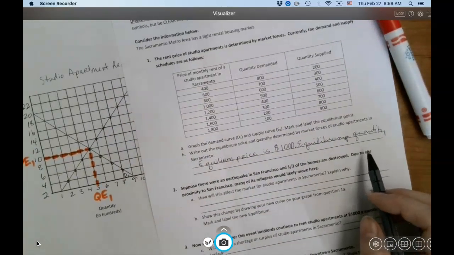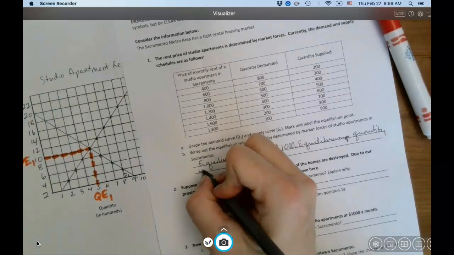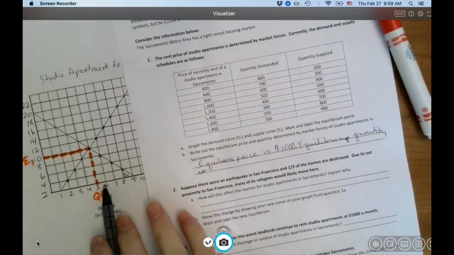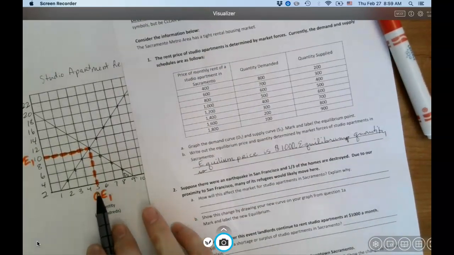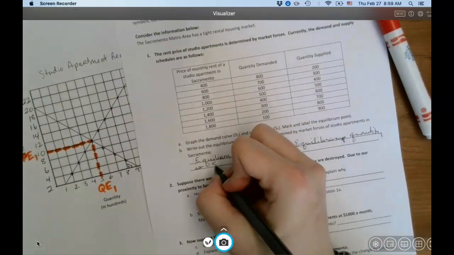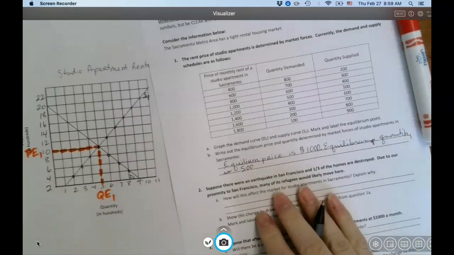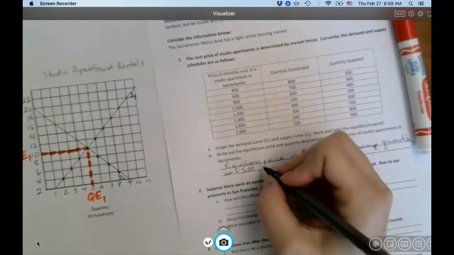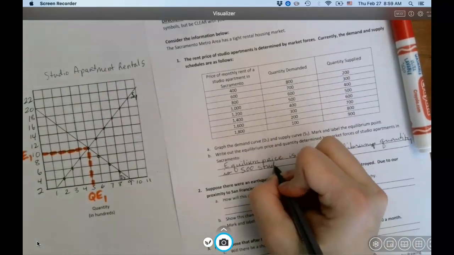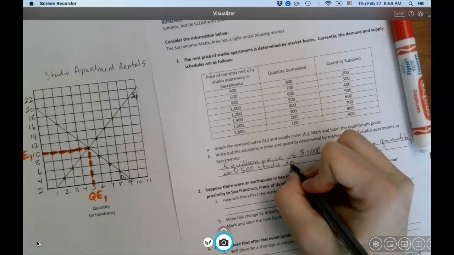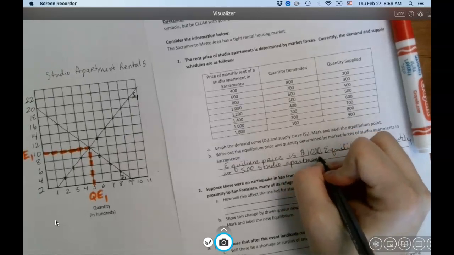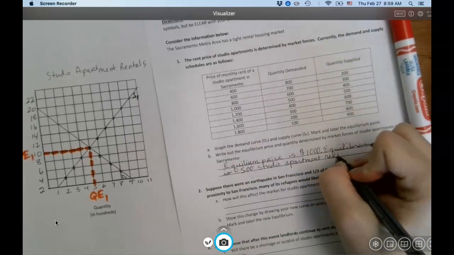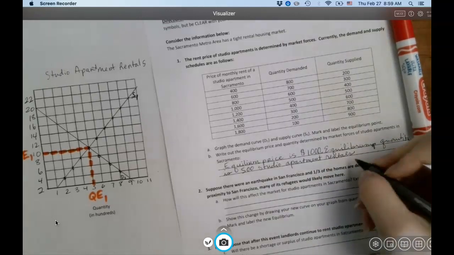Equilibrium quantity is, again, these numbers are in hundreds, so that's not a 5. That's 500 studio apartment rentals.